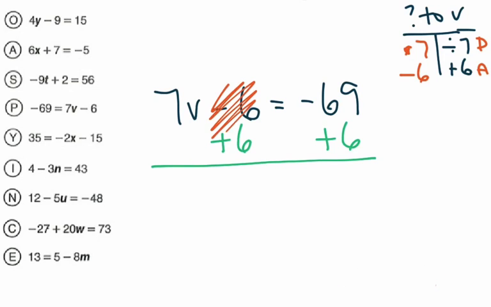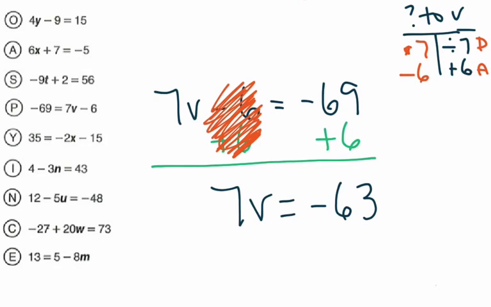Notice that these 6's go away, they're not there anymore. And I'm left with 7b equals, in your calculator, if you take -69 plus 6, you will get -63. And so the 6's are gone.